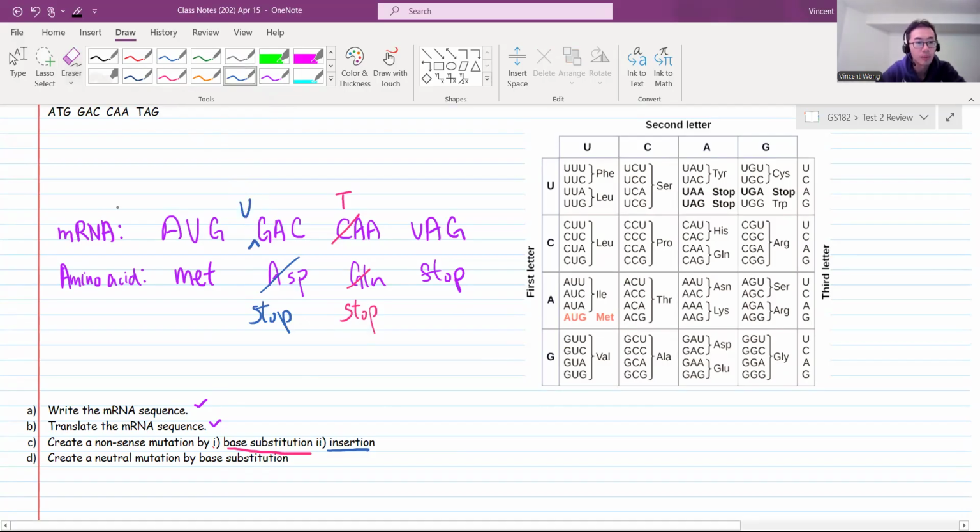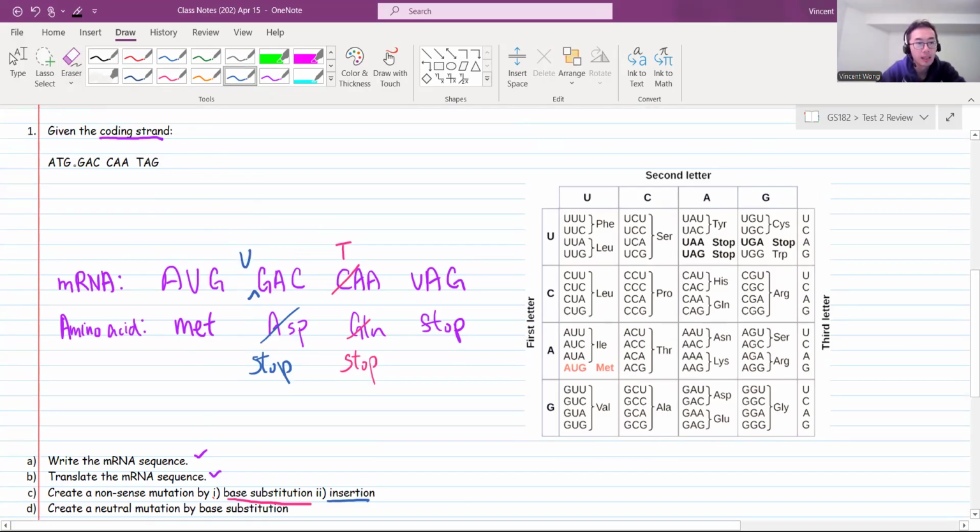Technically, I should put a U here because this is the mRNA, but you would have to put it in the original sequence like that. Okay. So that is that. Any questions?